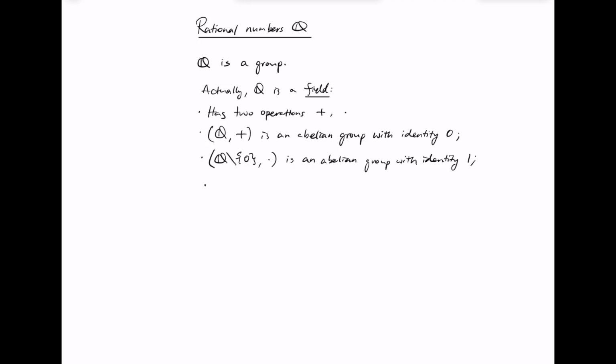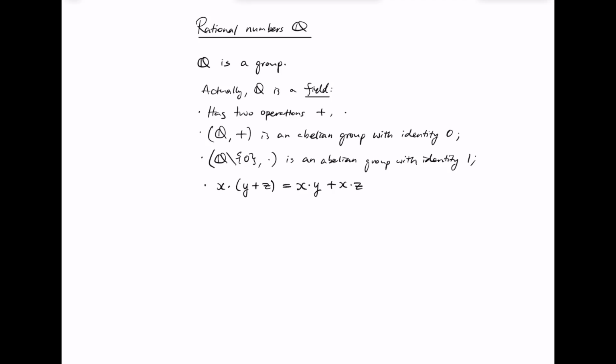Like we said, these two operations not only are separate operations, but they behave well with respect to each other, in the sense that multiplication distributes over addition. If you multiply x with the sum of y and z, this is the same as adding together x times y plus x times z. So you see that the operation has distributed itself from the left-hand side to the right-hand side.